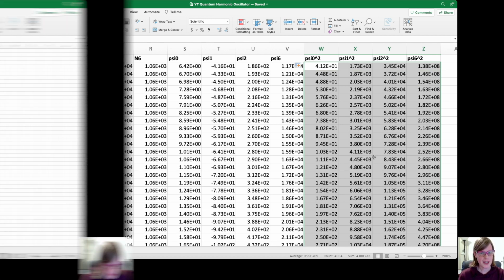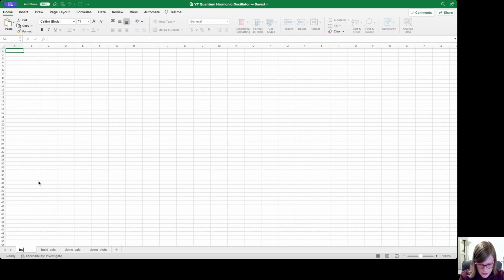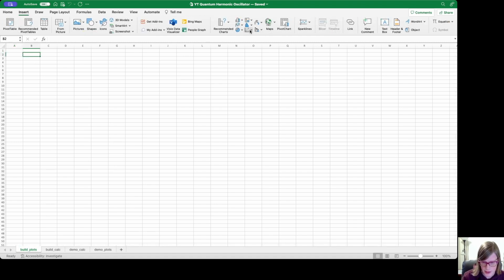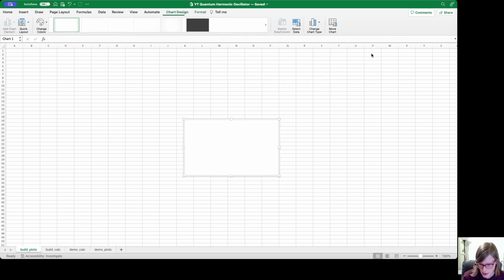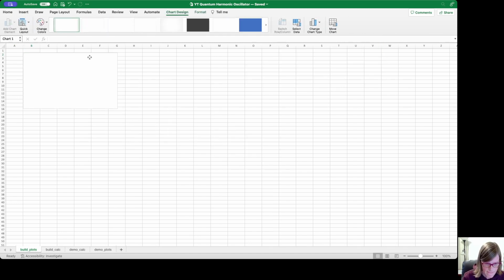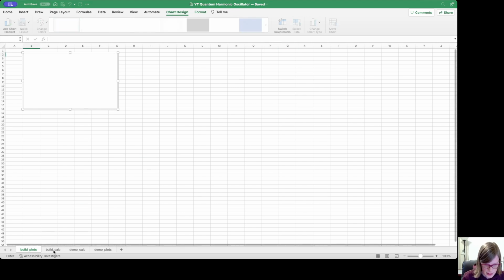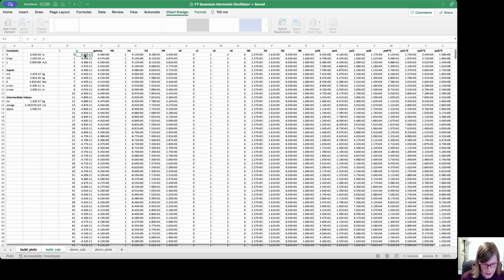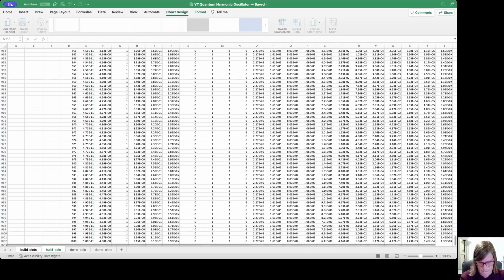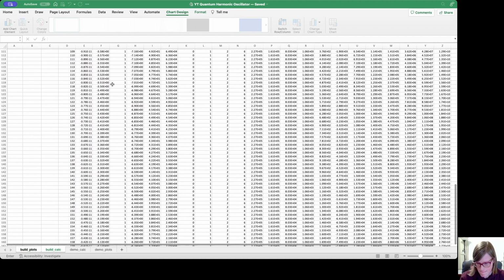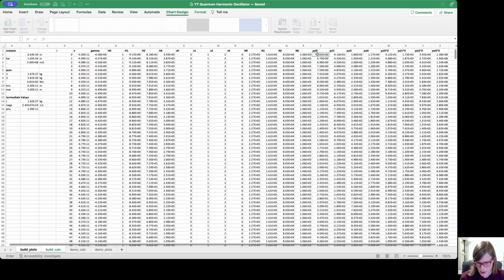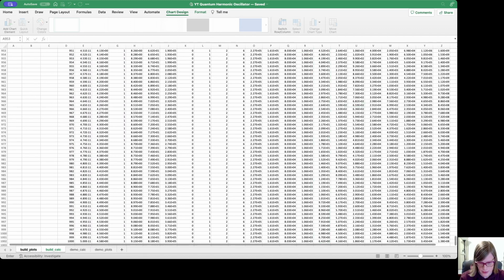Now let's plot. Rename into build plots, and just start inserting plots. I'm going to insert a scatter plot type with straight lines. Select data. Grab my x values first, then grab the psi values next.